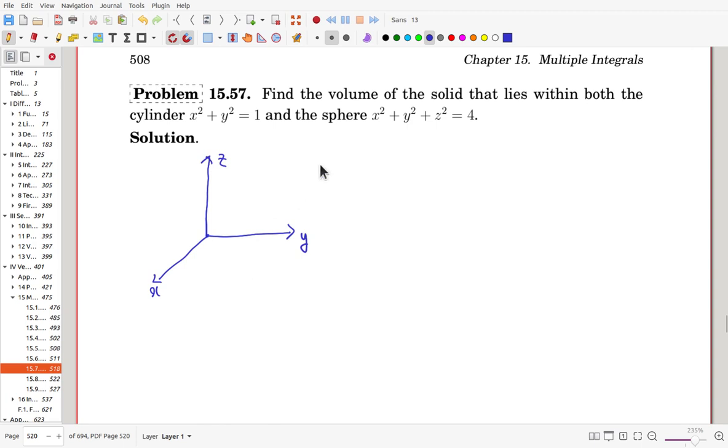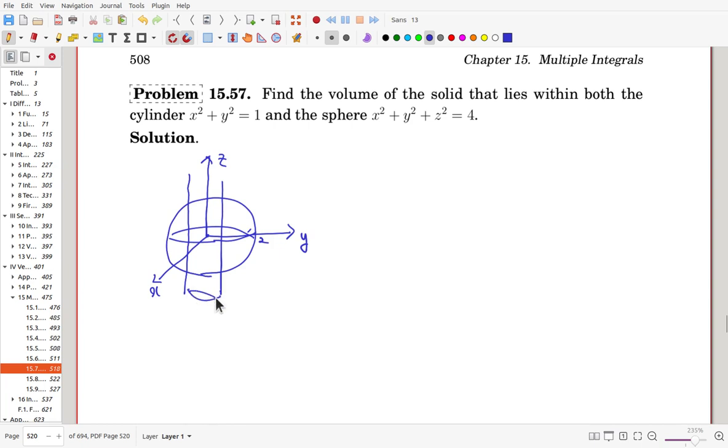The sphere of radius 2 can be drawn in this way. And we should make the cylinder, which is given in this way, with radius 1.